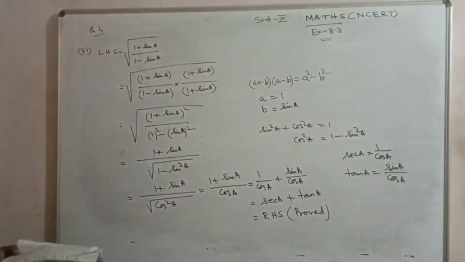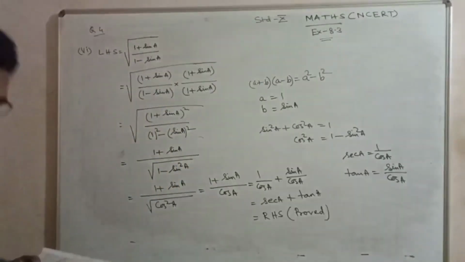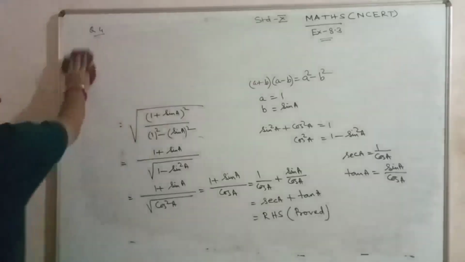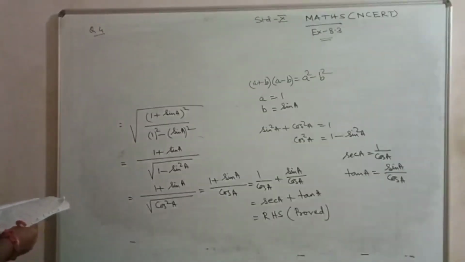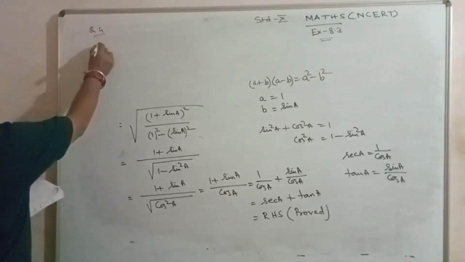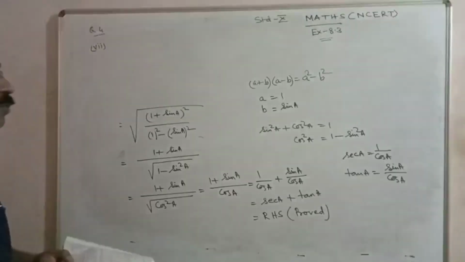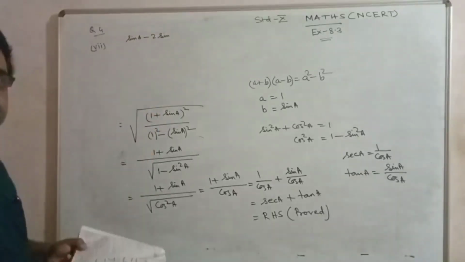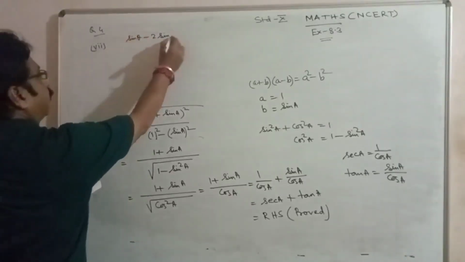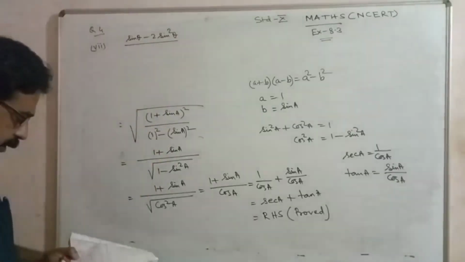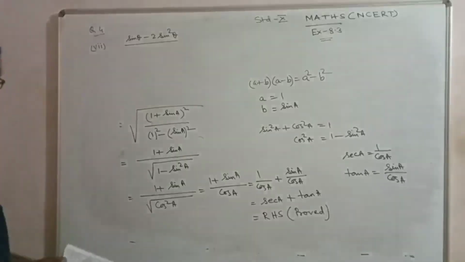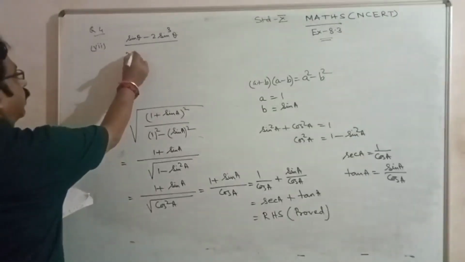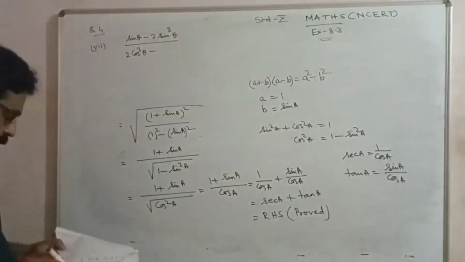Next question, we'll start. Sin theta minus 2 sin square theta upon sin cube theta, it is given, upon 2 cos cube theta minus cos theta.